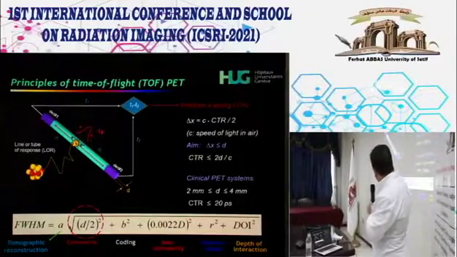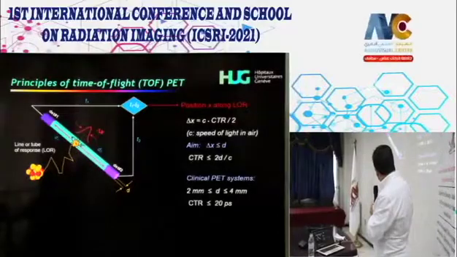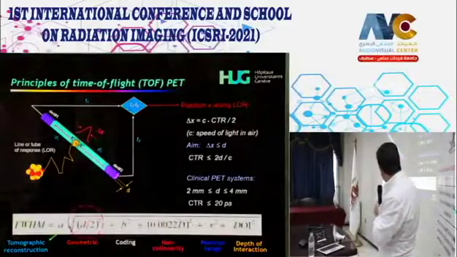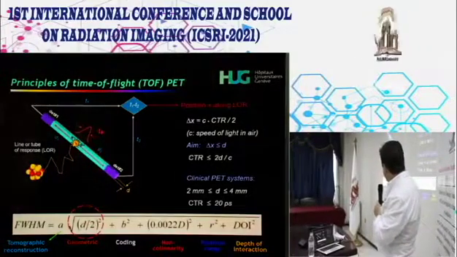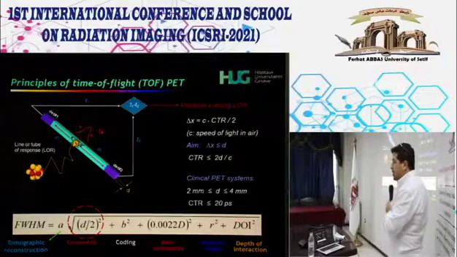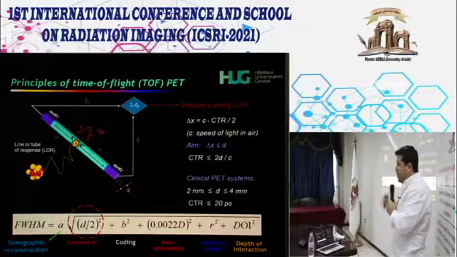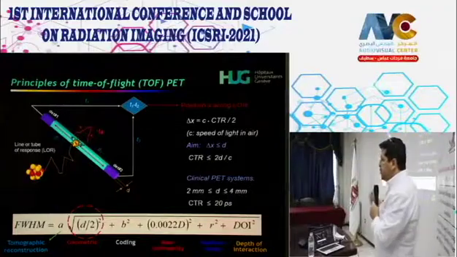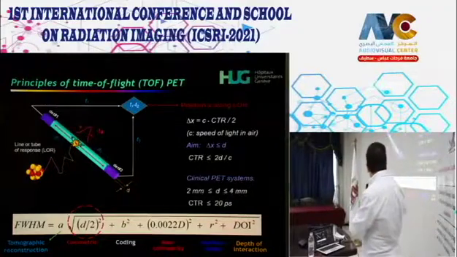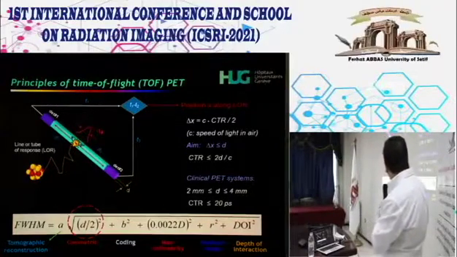Depending on where you are on the line of response, you can imagine that this photon here can reach this detector before the second one reaches the second detector, and taking advantage of the high temporal resolution of the crystals that we use on PET scanners, we can correlate basically the coincidence time resolution.